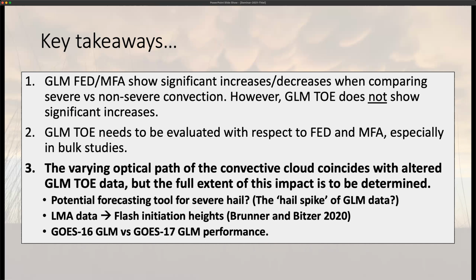And then also comparing in terms of thunderstorm geometry, GOES-17 being added in and its GLM. So looking at this from a dual GLM perspective, how can we leverage these optical characteristics to help us maximize the utility of the Geostationary Lightning Mapper?